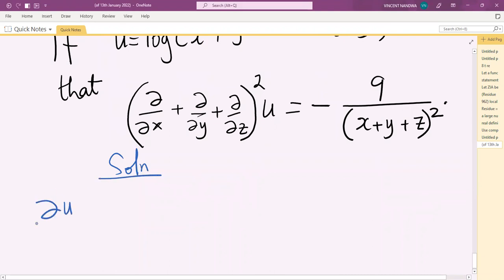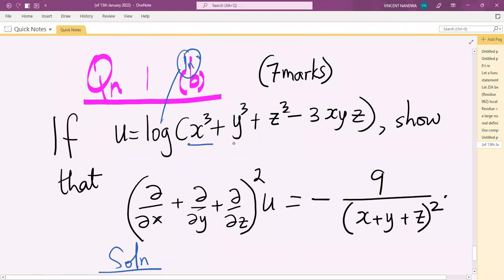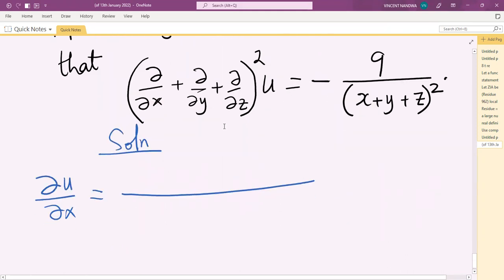partial u, partial x is given by, you write the whole function given in these brackets here, and then partially differentiate the function with respect to x.